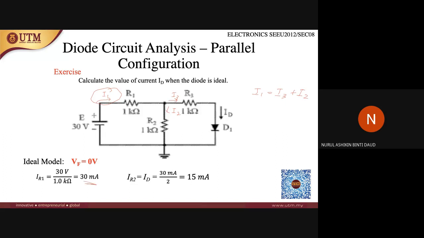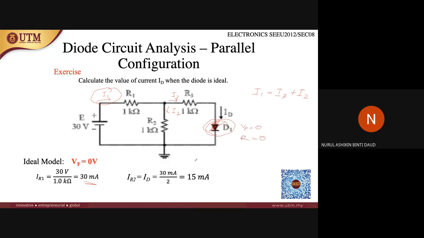I1 is 30 divided by the resistor value, and you will get I1. Since the diode is ideal, it means that there is no resistance and also no barrier potential inside the diode, right? So it assumes that the diode does not exist at all at this part, because VF is 0 and the resistance is also 0.